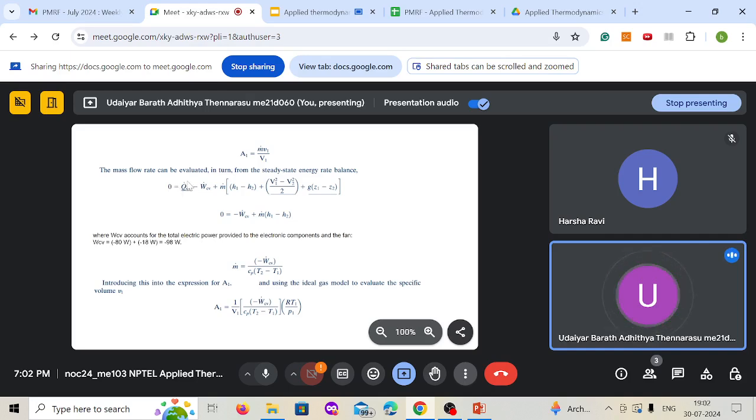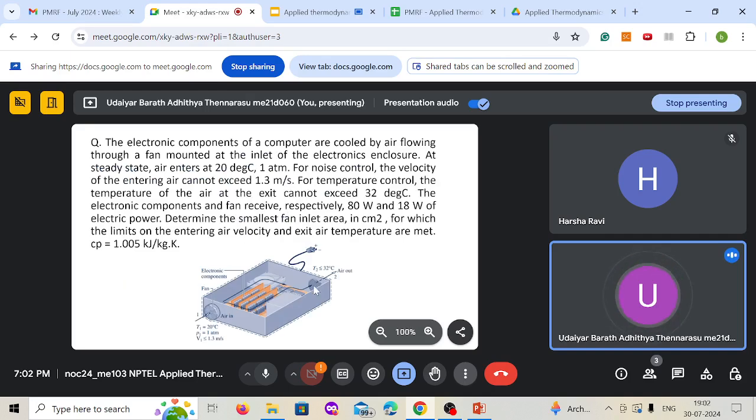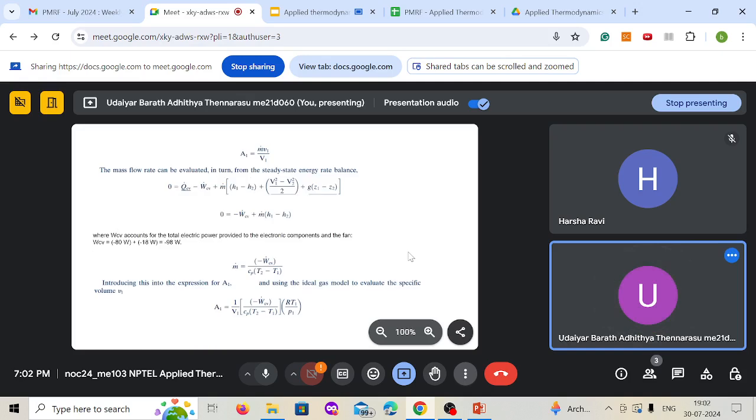So it will become Q_CV minus W_CV plus m dot into change in enthalpy, change in kinetic energy, and change in potential energy. Here there is no direct heat transfer from the component to the surrounding, but the air is taking that energy. So your Q is 0.